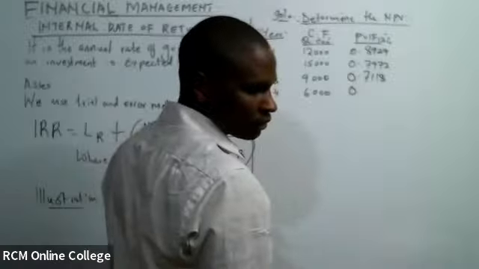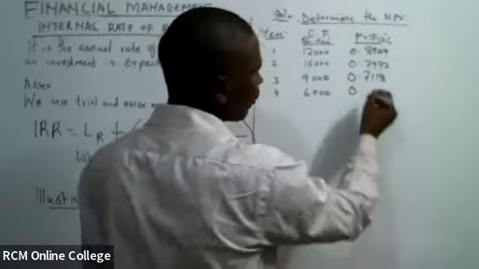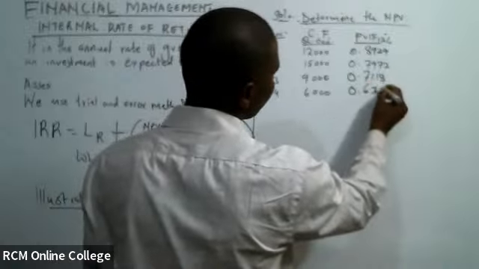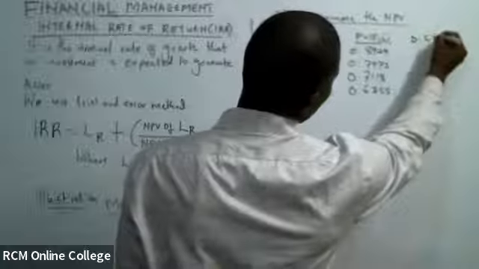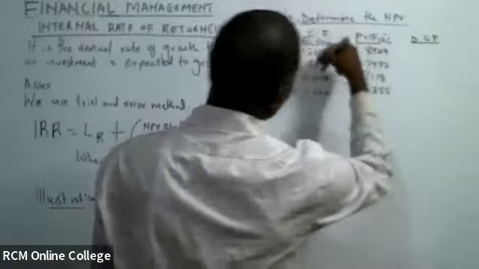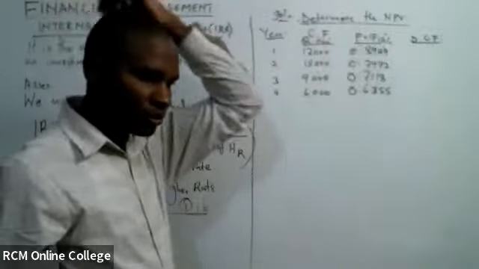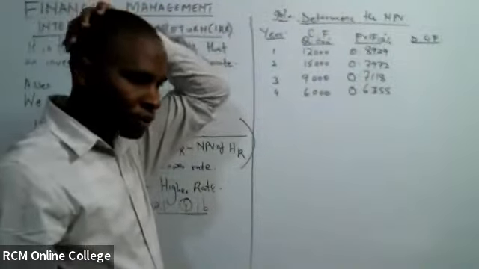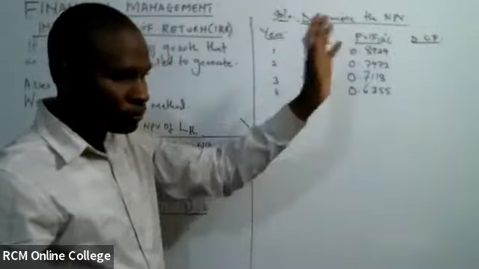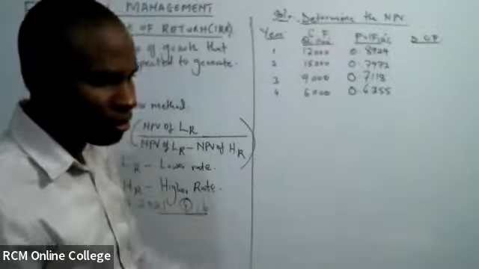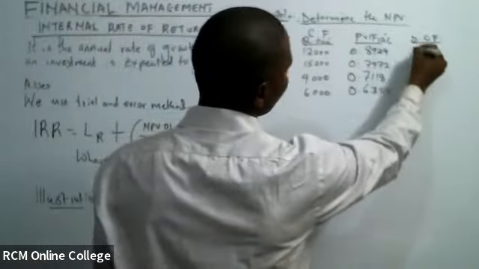And the last one 63.55. We are done. Then we get the discounted cash flow here. Just take the cash flow times the PV. Ya kwanza step ya kwanza. You can eliminate the decimal points. 10,715.